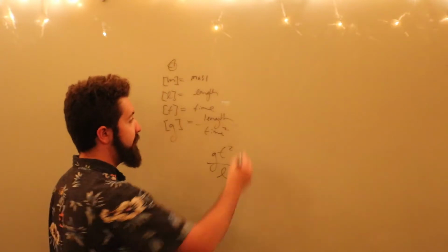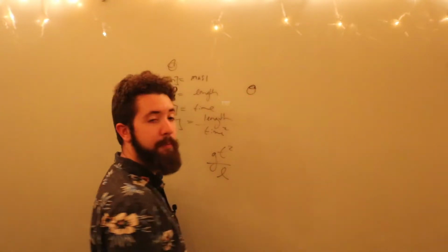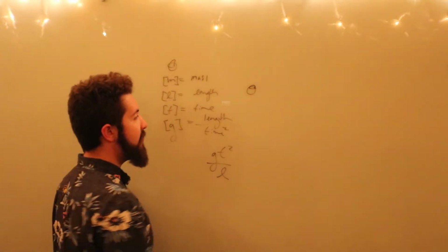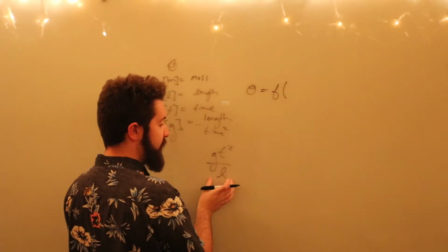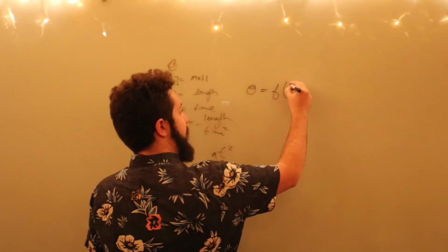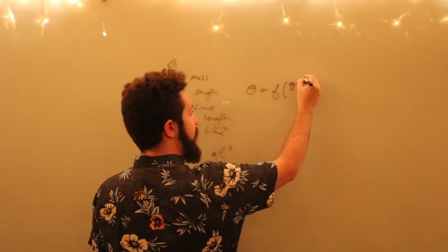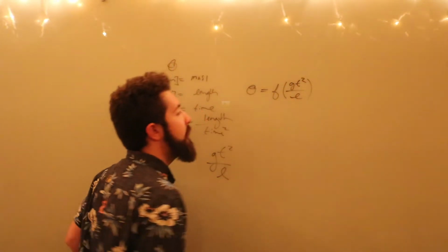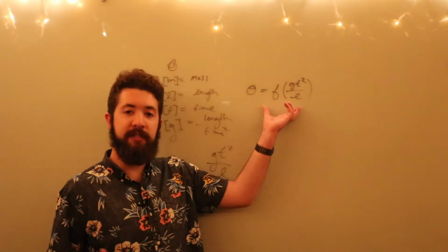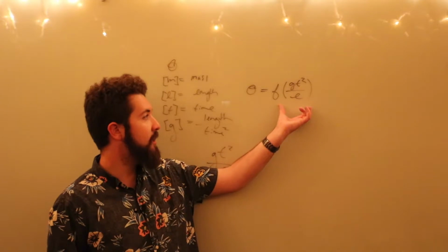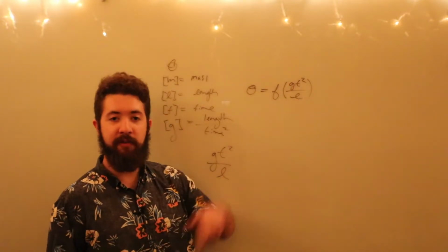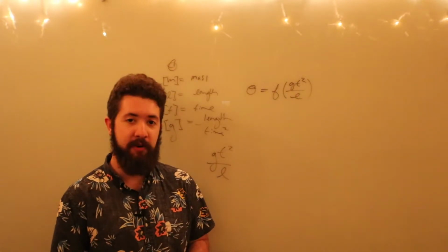So if theta is a dimensionless dependent variable, we know that it's going to be a function of some dimensionless group. And since there's only one dimensionless group here, we know that theta, as a function of time, is also going to be an explicit function of g t squared over L. And this does turn out to be correct.